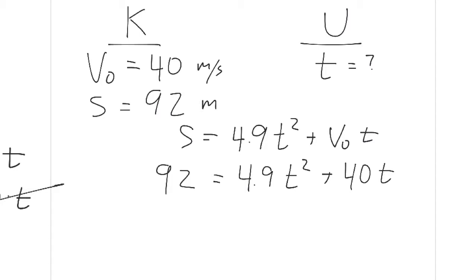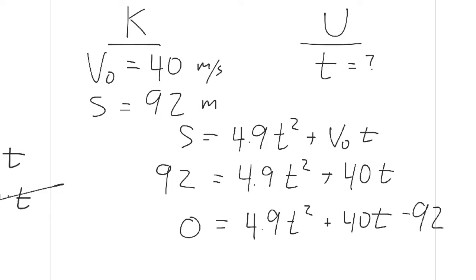Now, if you want to solve this, it's a quadratic equation. If you want to use the formula, then we have to set it all equal to 0. 0 equals 4.9 t squared plus 40t minus 92.